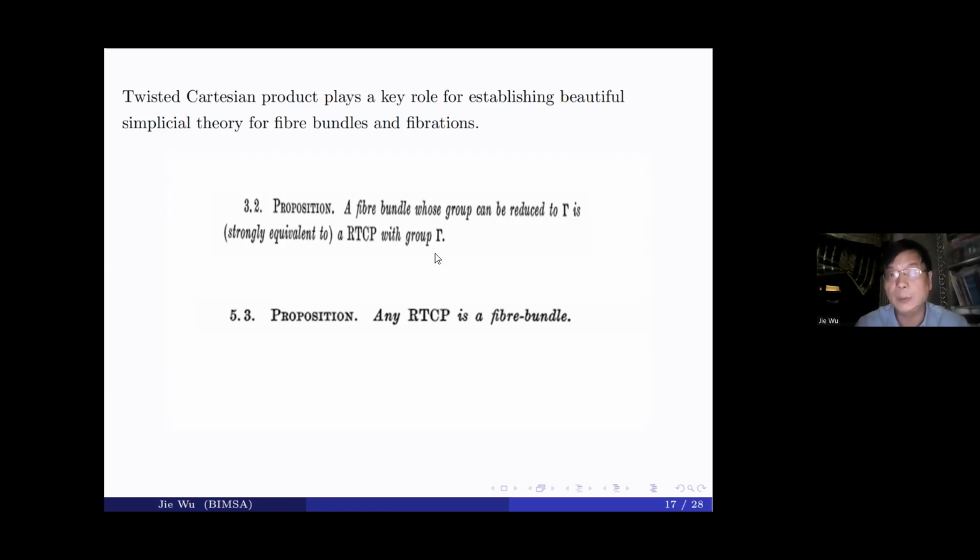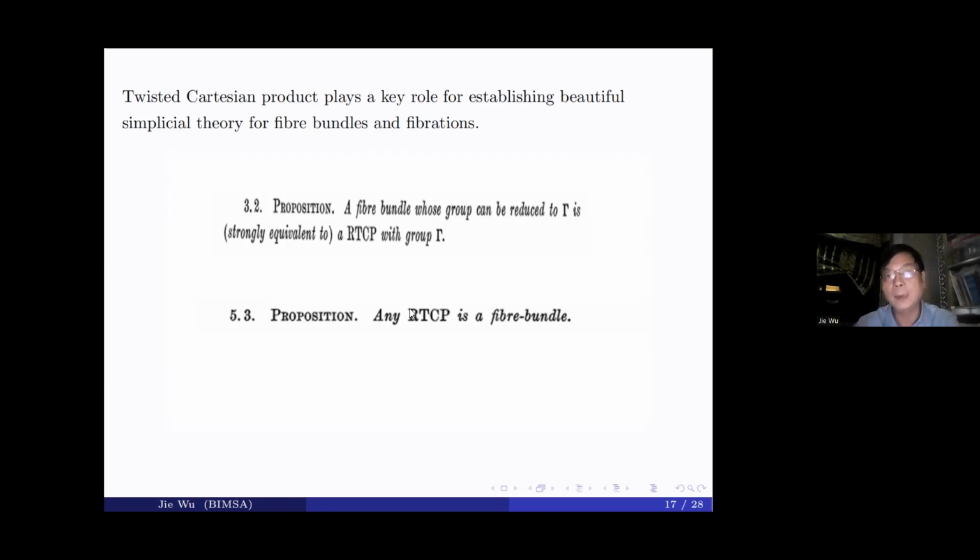So this theory gives a very nice, at least mathematically, description of how to describe fiber bundles in a simplicial way.